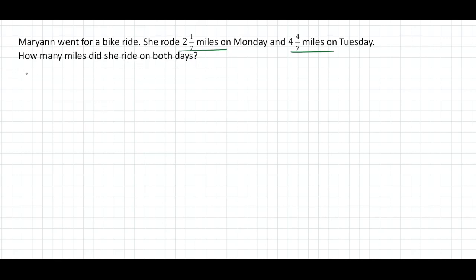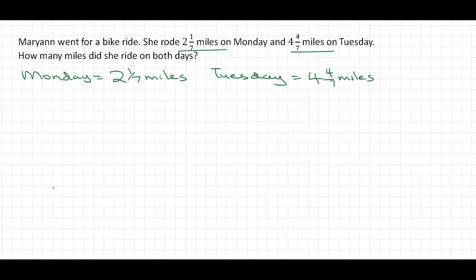So Monday she had 2 1/7 miles, and then Tuesday she had 4 4/7 miles. So now we're trying to find out how many total miles she rode on both days.